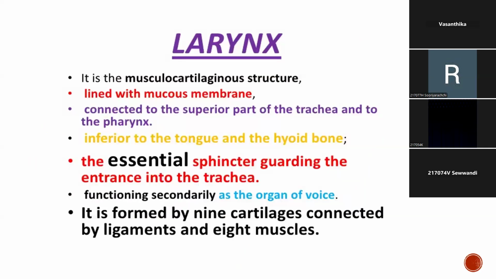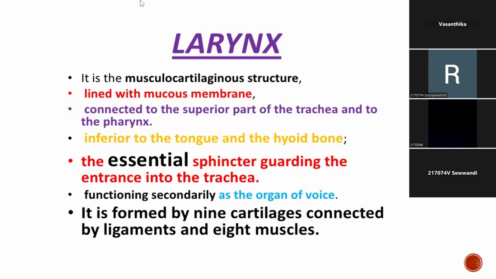So, the larynx is actually a muscular cartilaginous structure. If you can remember anatomy, the larynx has muscles, cartilage, and some ligaments and membranes. It opens from the airway into your oral cavity. It connects the superior part of the trachea to the pharynx, inferior to the tongue and hyoid bone.